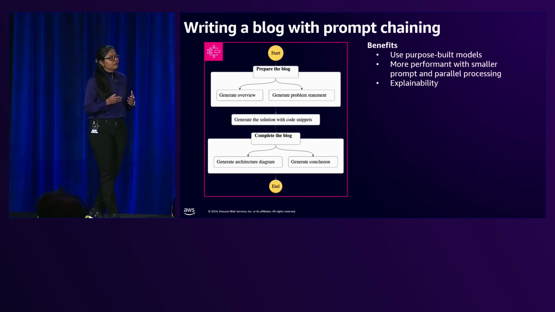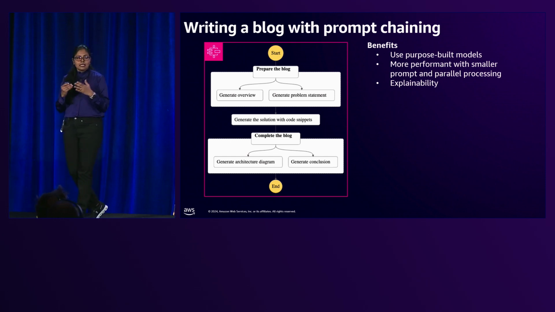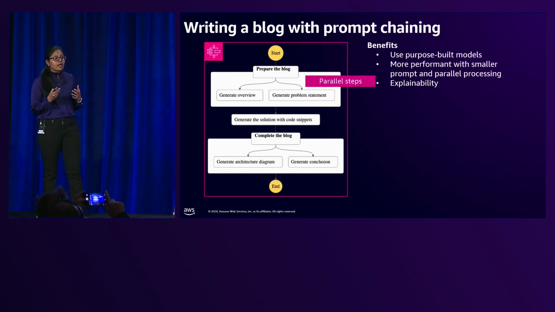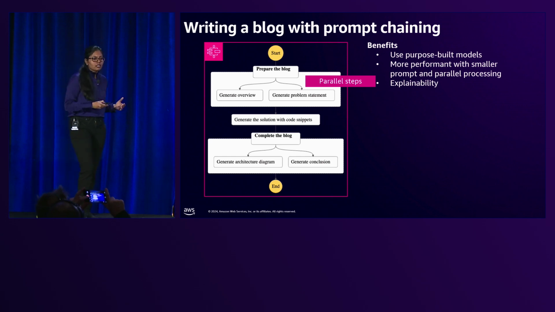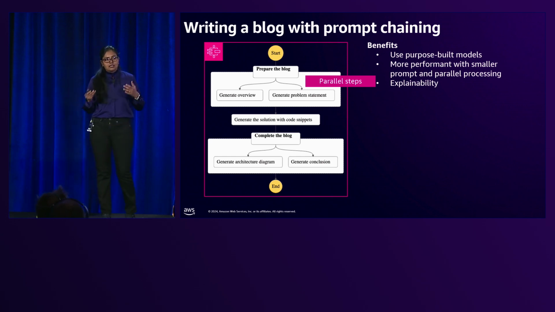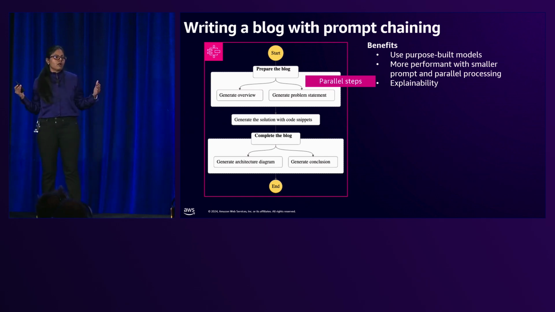A fantastic way to run prompt chaining is to use Step Functions. Why do I say that? Because you're chaining prompts, you have multiple prompts, and you might have to wire them up sequentially, in parallel, and iteratively. Step Functions offers you all of those different flows that you can easily use to build that prompt chaining.